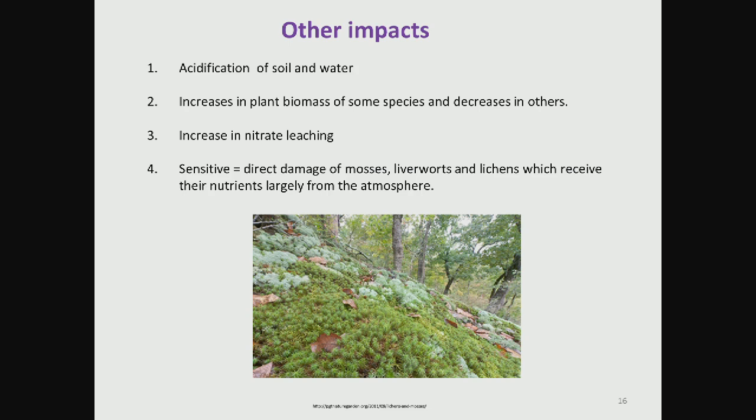It's not just from fertilisers. And I've mentioned the direct effect on mosses and lichens. Years ago, the first thing people noticed was the reduction in the lichens on trees in their cities, on the side of the trees. That's because they're so sensitive.